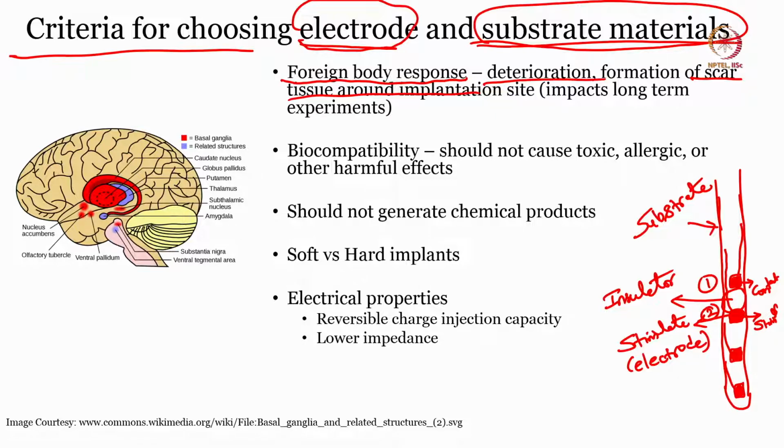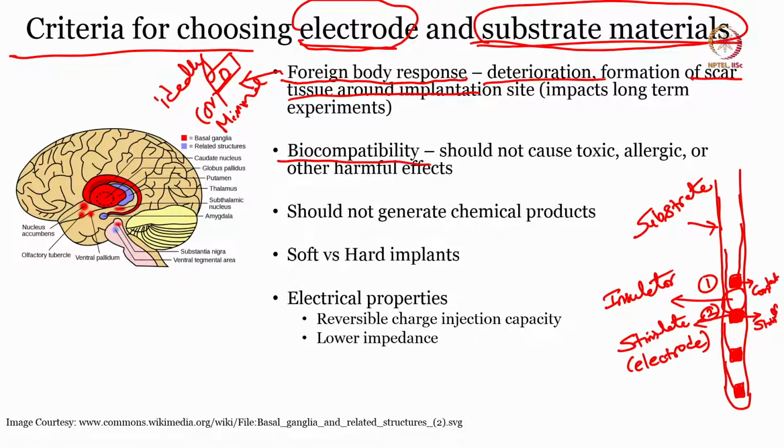If you want to use your electrodes inside the body, ideally there should be no response at all, or if that is not possible, as minimal as possible. There is a whole lot of research going on developing materials based on this.